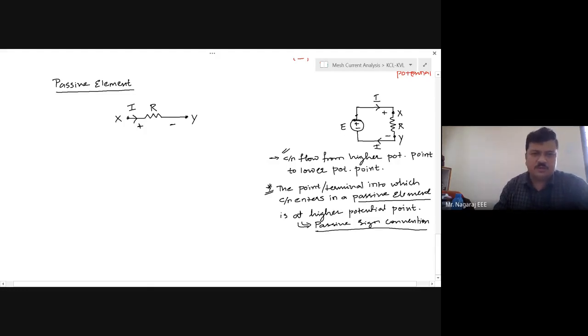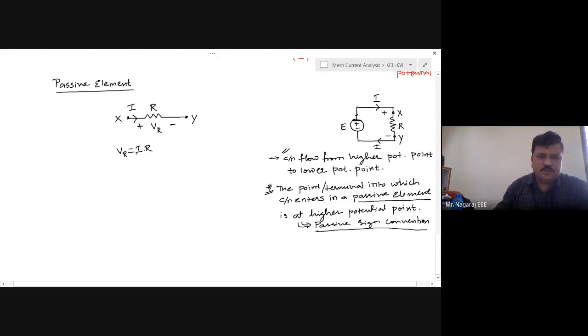Now, what is the voltage drop here? It is VR, where VR equals I into R. The magnitude of VR is the product of current and resistance. This is as per Ohm's law.